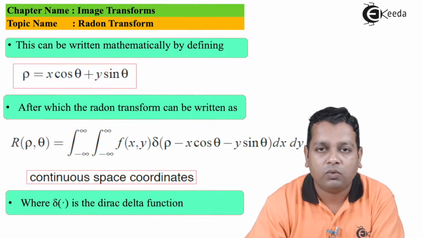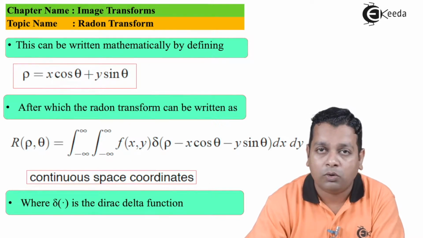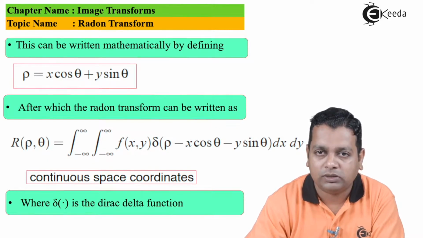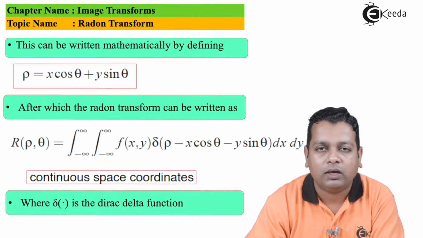This will be working on the image f of x y, our input image on which the Radon transform is to be calculated, and it is to be multiplied by this particular function, generally called the Dirac delta function. So delta is a function of rho minus x cos theta minus y sin theta. Here delta is the Dirac delta function, and these two integrals actually represent the continuous space coordinates.